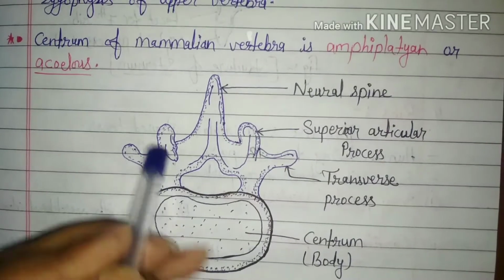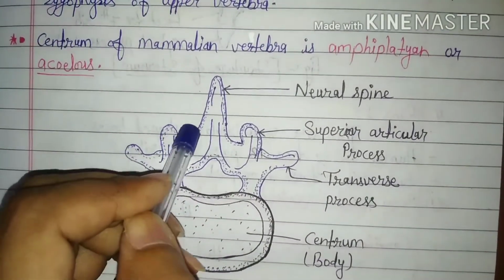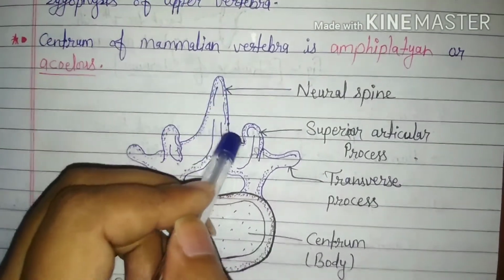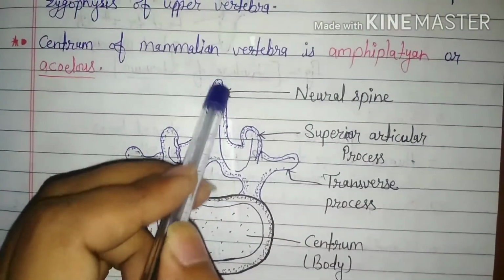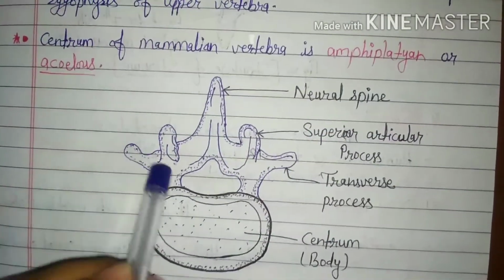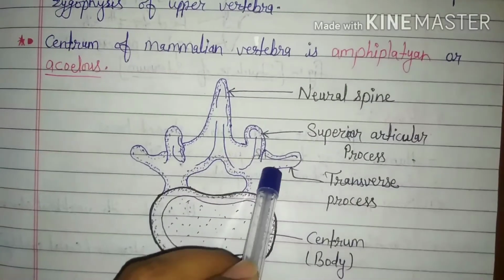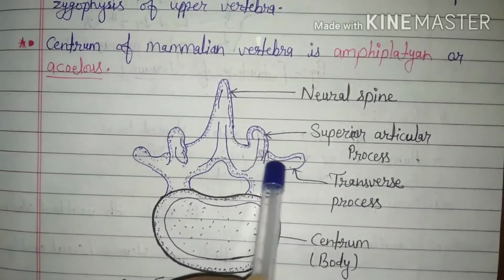The body forms an orientation which is called the neural spine. It means it is a long process on the front side. On the lateral side, it forms the transverse process.